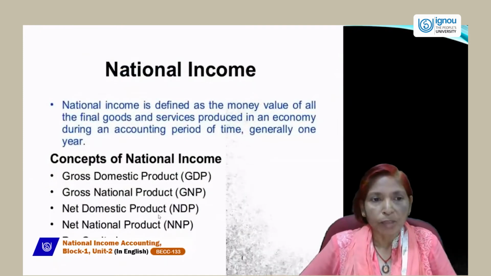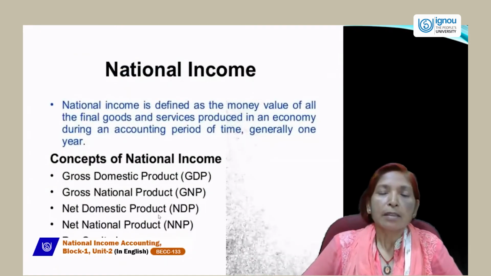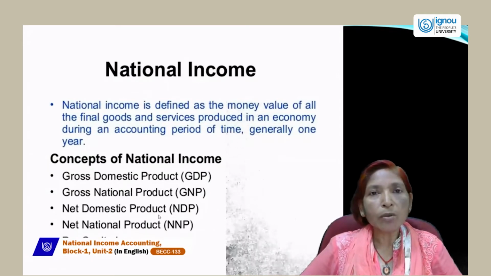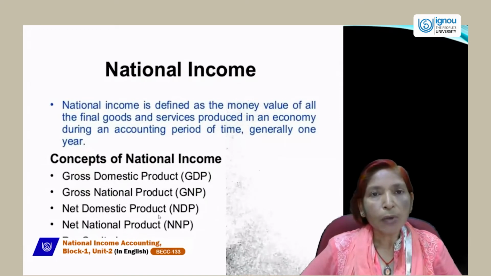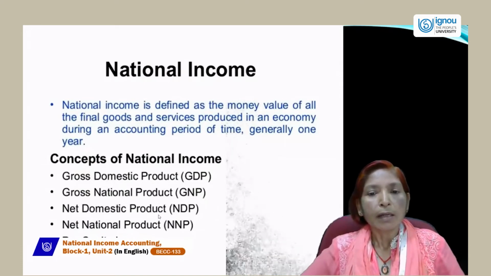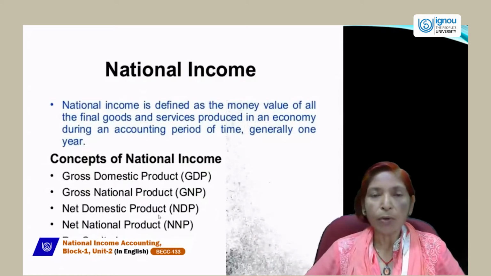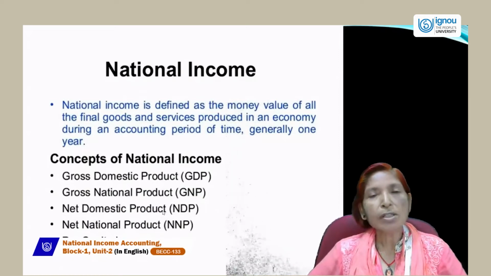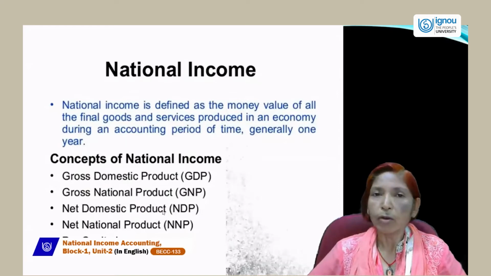Next is national income. National income is the sum total of all final goods and services produced in an economy during an accounting year, generally 1 year. National income is a flow concept because it is calculated annually.